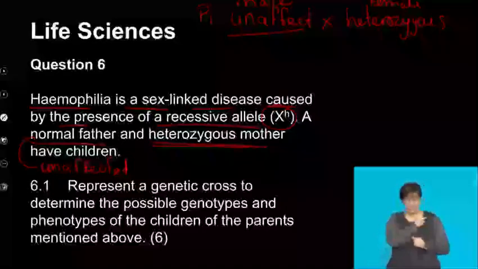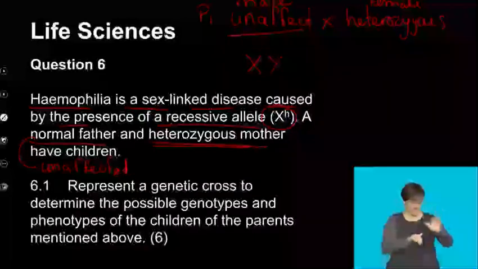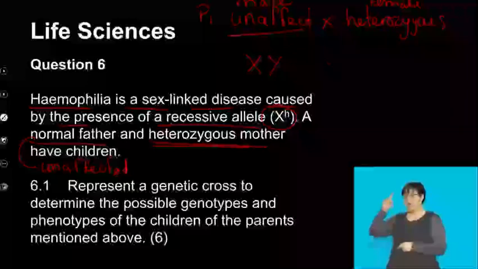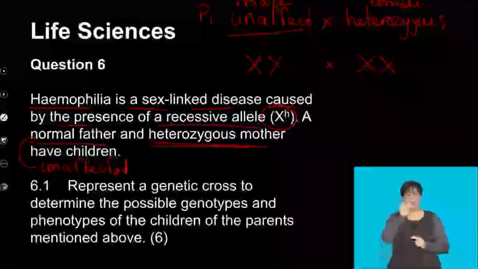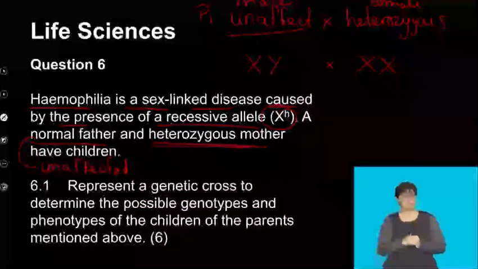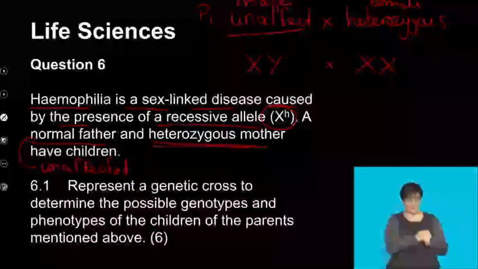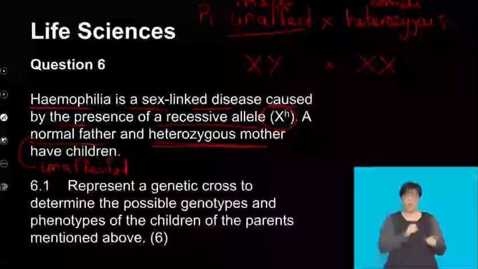Again, because it is a male, we had to indicate his gender. So that's the first step. Crossed with a female, again, indicate the gender. Now we determine what the alleles involved are. The male is unaffected. There are two possibilities for males, either being affected or unaffected.